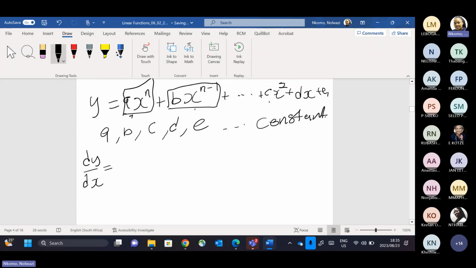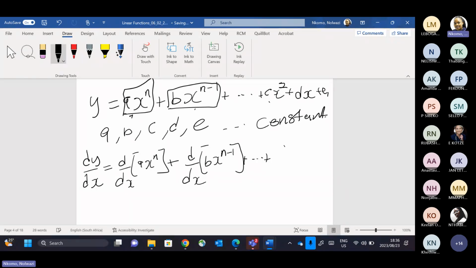Which means we'll have the derivative of ax to the power n plus the derivative of bx to the power n minus 1, plus the derivative of cx squared with respect to x, right?